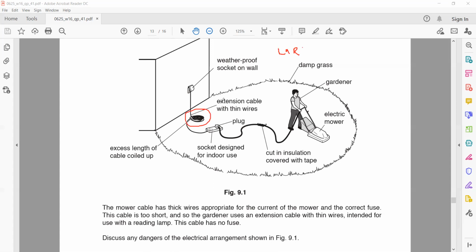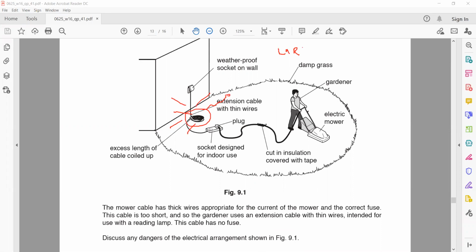Higher resistance means it will produce more heat energy, so it might increase the chance of fire, because of the increase in temperature. So these are the things which you can mention.